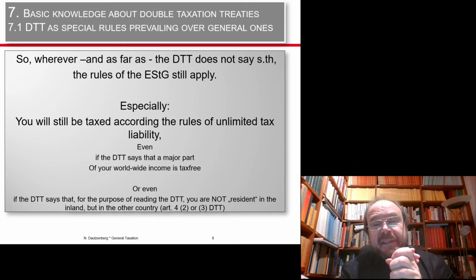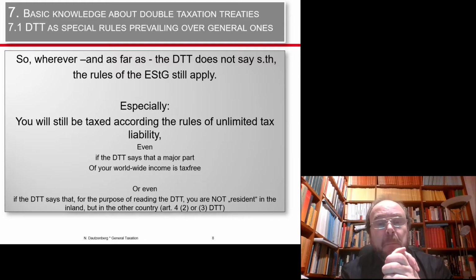Now the taxpayer says, well, but I have heard that under the rules of unlimited tax liability, I can deduct special expenses and extraordinary expenses. And here they are, 20,000. So from my income only 10,000 is left, 30,000 minus the special expenses.